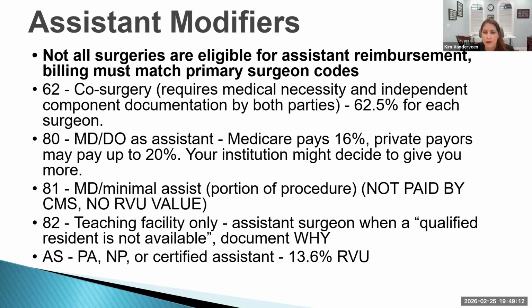I do a fair number of combination surgeries. I'm working either with my head and neck colleagues or with my cardiac colleagues. For some of these codes, if we're doing a sternotomy and they're going to put in some sternal plates for me and other things, we're deciding how we're going to parse out different codes.